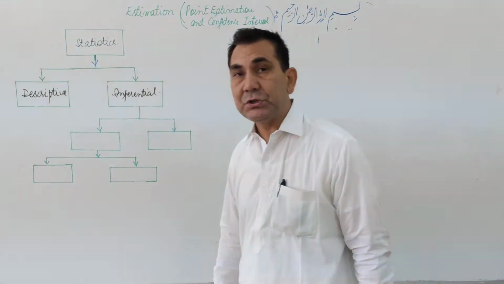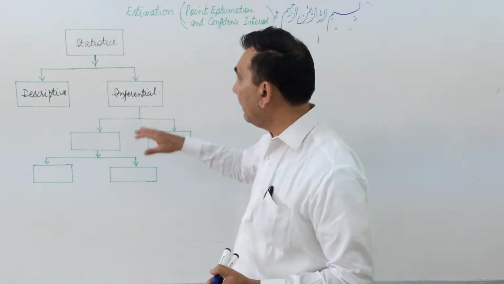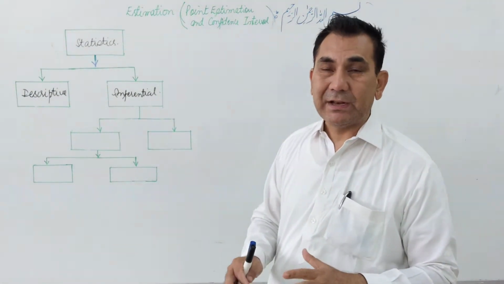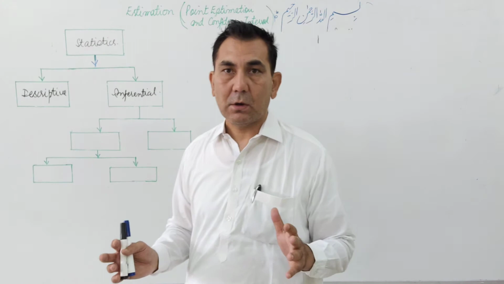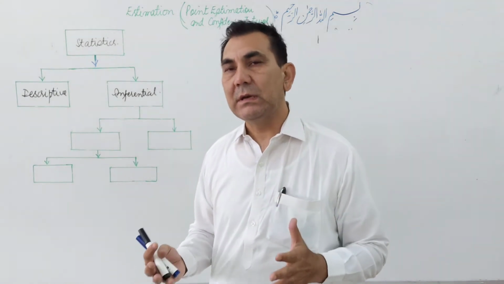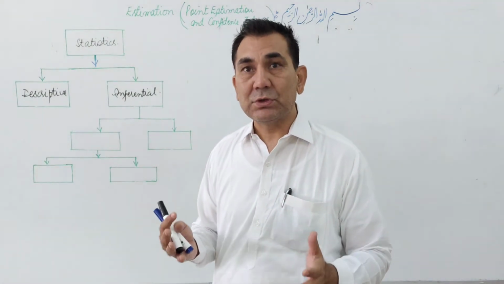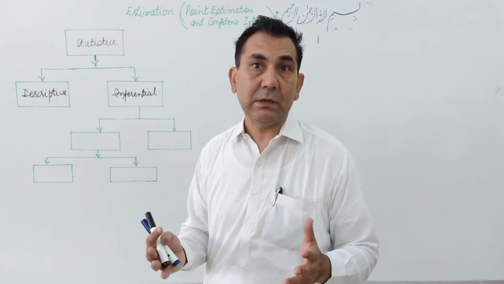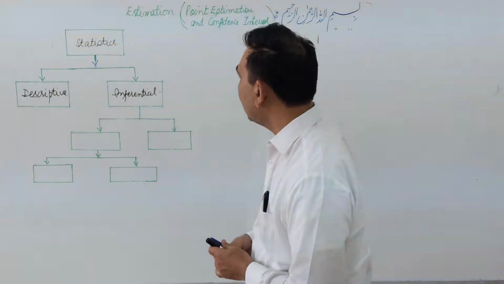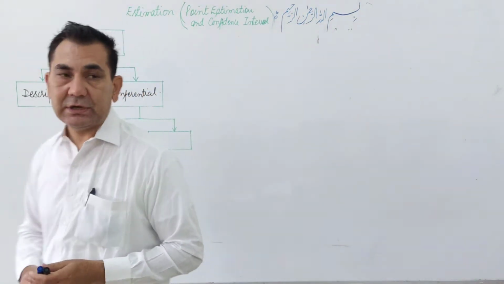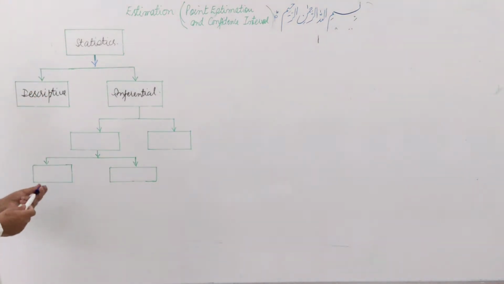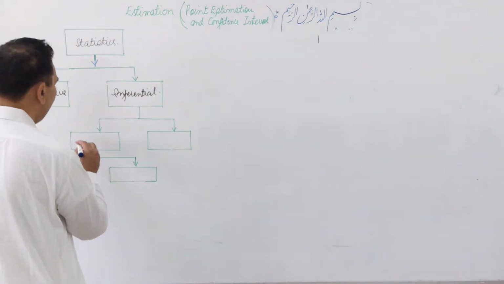Now in inferential statistics, we learn to analyze the data, in which we analyze the association or the relationship between the data. So inferential statistics is always divided into two main types.